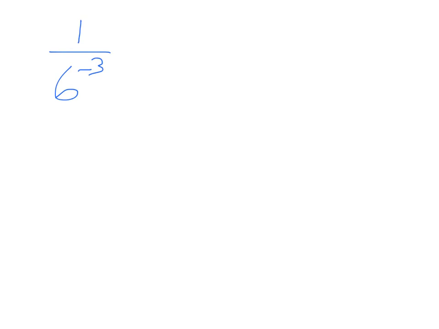Nope, sorry, I wrote that wrong. If it was 1 over 6 to the 3rd, how would you write that with a negative exponent? Yeah, this would be 6 to the negative third power. I'm just reversing the rule around.